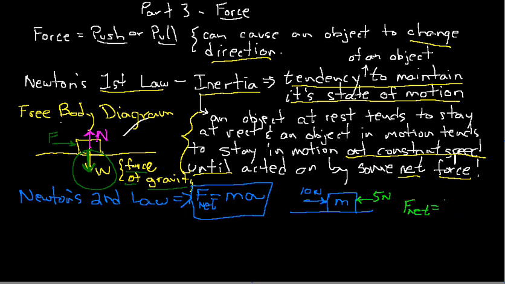So the net force is going to be 10 minus 5, or 5 newtons in that direction. If I have a net force, then I'm going to have some kind of acceleration.